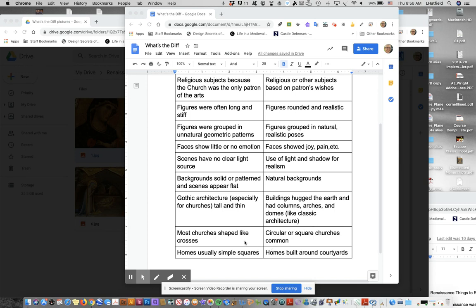During medieval times, most churches are shaped like crosses, so that people get the idea. In Renaissance times, you'll see that they are circular or square. Think back to reading about Il Duomo, the cathedral done by Brunelleschi.